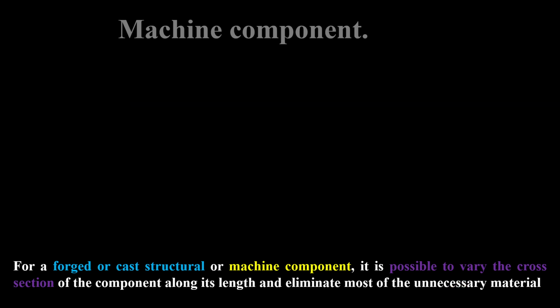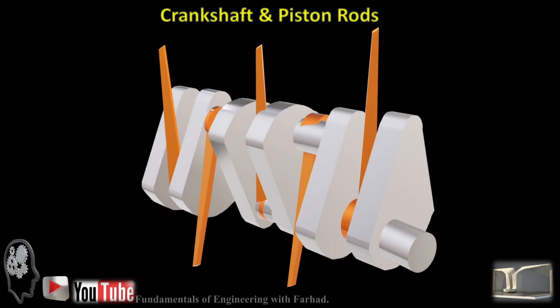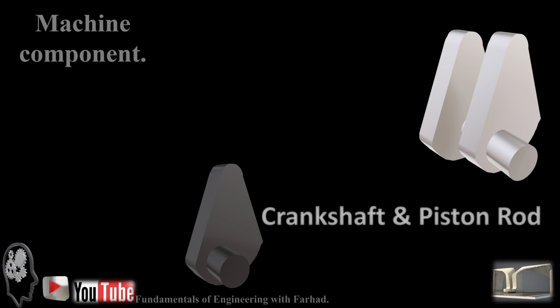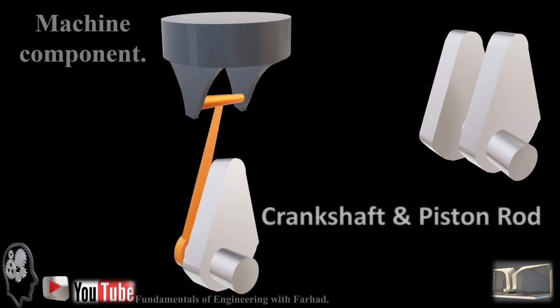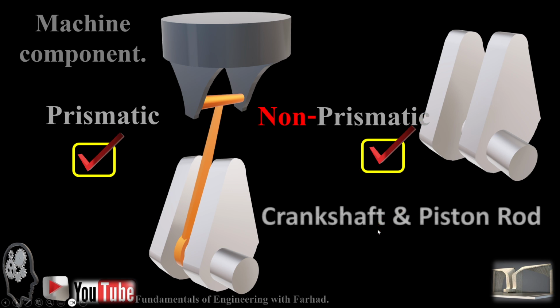So for a crankshaft or piston rod, you can use a prismatic condition or a non-prismatic condition. Both of them are applicable in a machine component. Prismatic is useful, and non-prismatic is also acceptable.